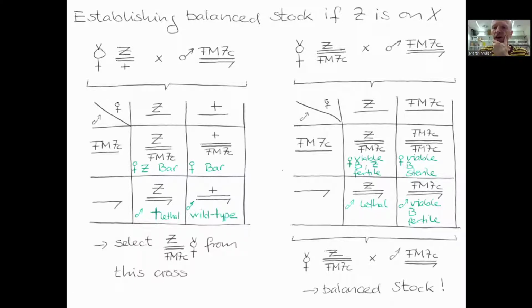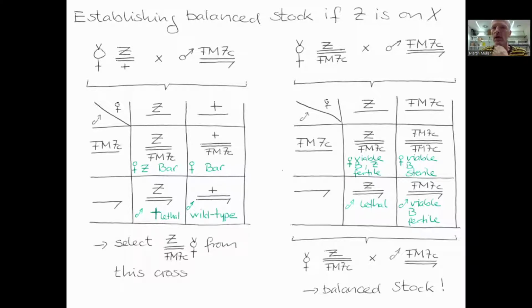Because we realized Z hemizygous males are lethal, we knew it must be on the X. If Z over plus males are around, we know it's on the autosomes, so we have made that decision. We know it's on the X if there are no males, and we have established a balanced stock in 2 generations. That's how it usually is.